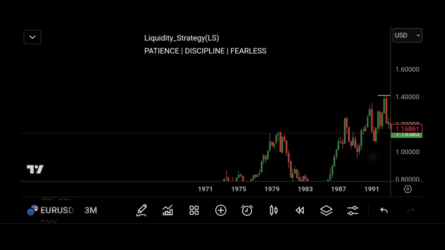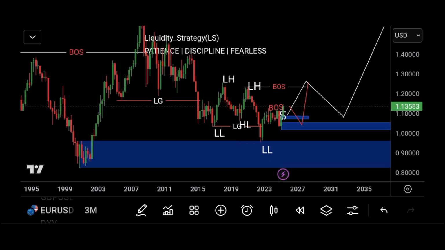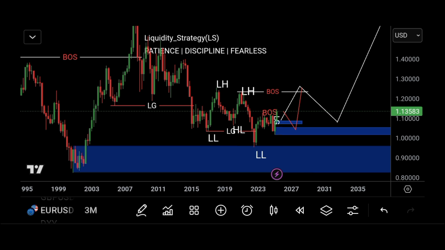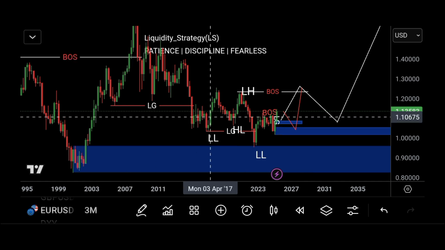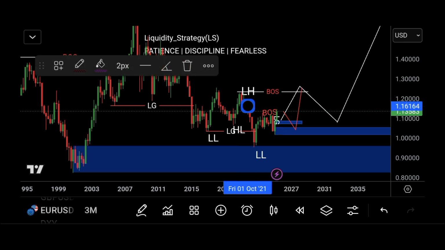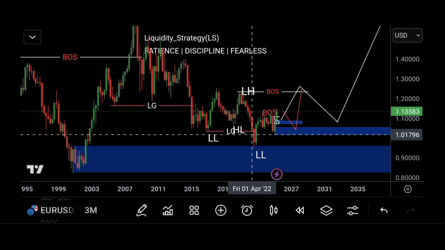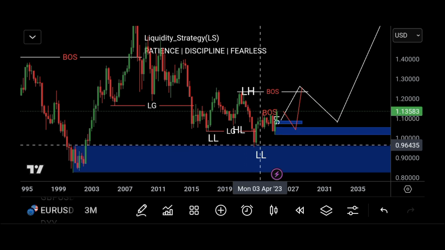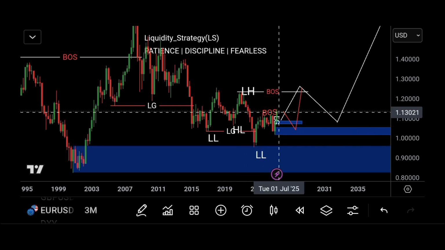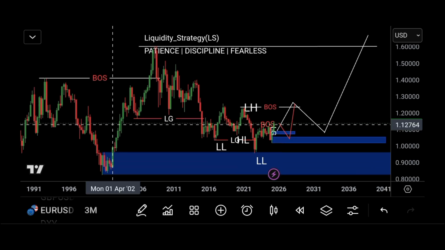On 3 months, as you can see, let me delete all these things. As you can see, you have a recent lower high here, then we have a lower low here. If this market is going to continue buying, we should take out this particular recent lower high here.